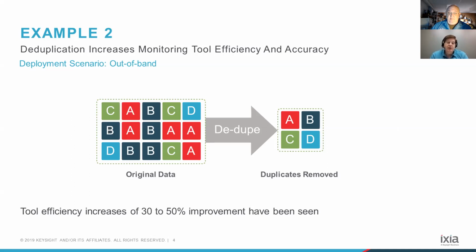And so you really want to get rid of all of that garbage, that extra monitoring data. Again, this is out of band, this is not inline. That's right. And when you do that, we've actually seen customers get a 30 to 50% process improvement, because they're getting rid of that much data.